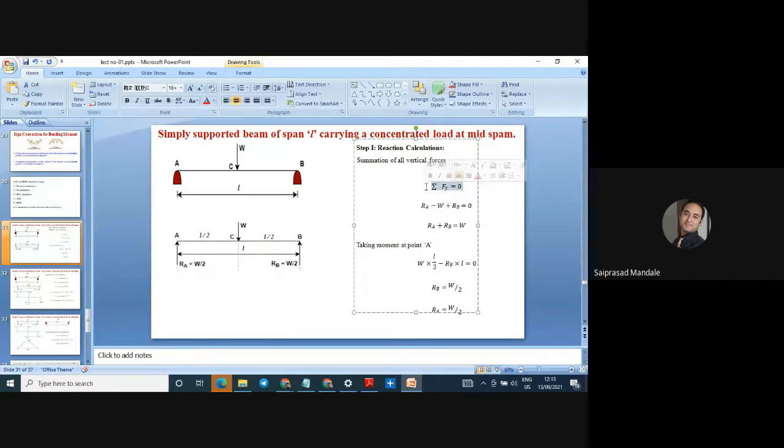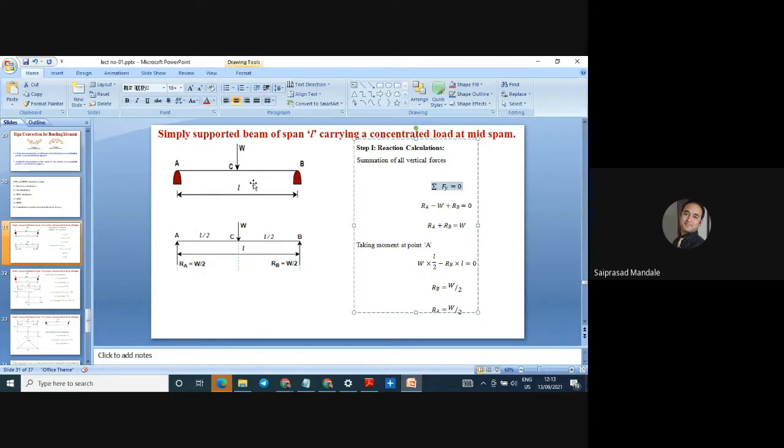So what are the different forces acting? This is a loading diagram and this is a free body diagram. A is the support, B is the support, W is the load, and it acts at a distance of L by 2, so it is L by 2, L by 2. Let's calculate the summation of Fy. RA is moving upward, RB is moving upward, so RA plus RB.